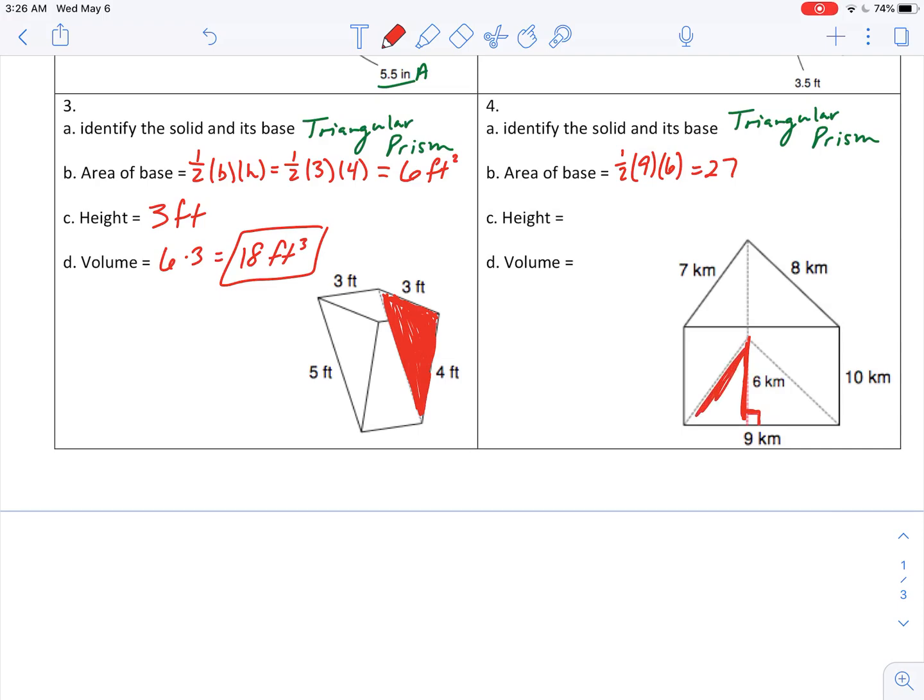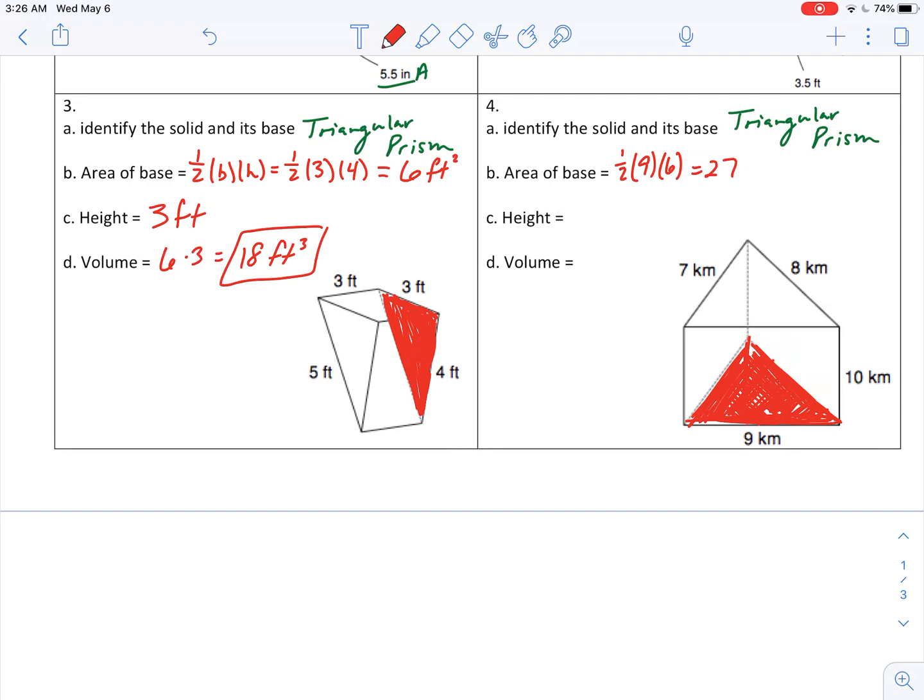Okay, now let's think about if this is on the floor. If I set this shape on the floor with the red part touching the floor, where would I measure to see how tall my prism is?